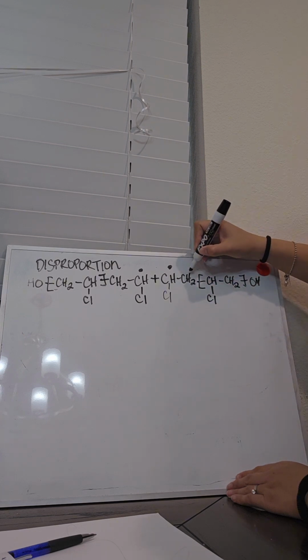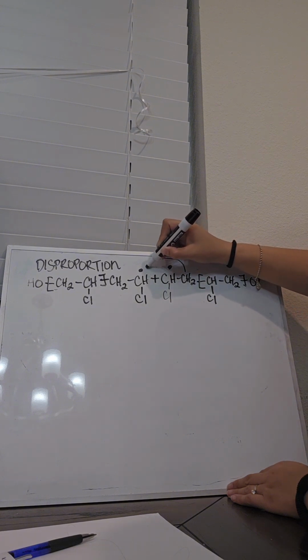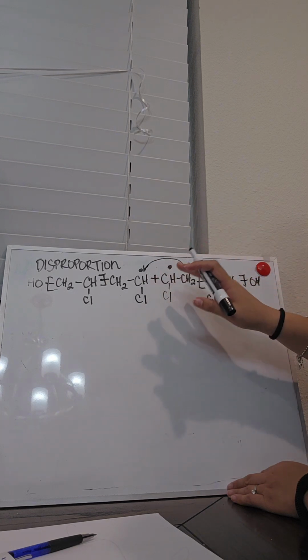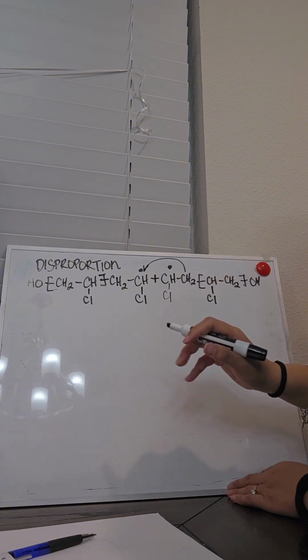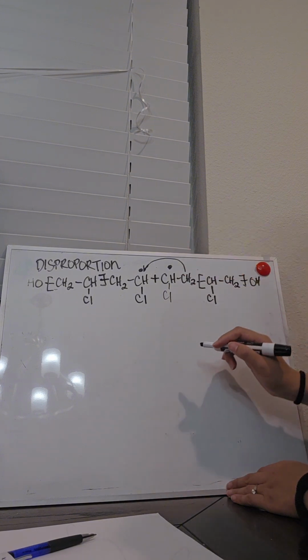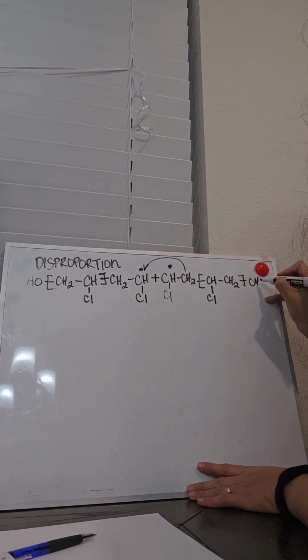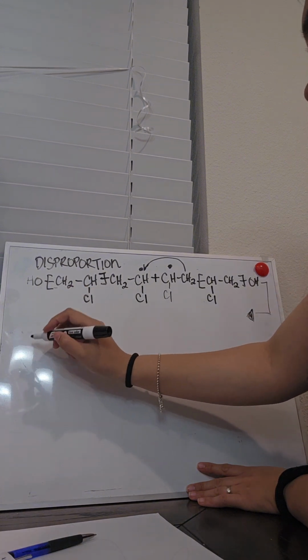Alright, so how this works is with this one right here. So the hydrogen from this bond right here is being shifted from that carbon to this carbon right here, which will, now that shift will cause two different products, one saturated and one unsaturated. So after that shift, the product that we will have will be this.